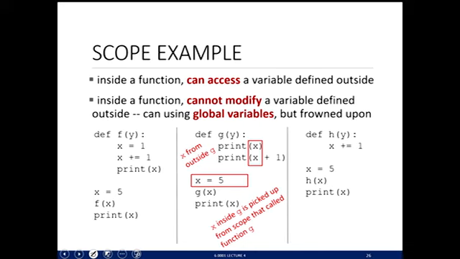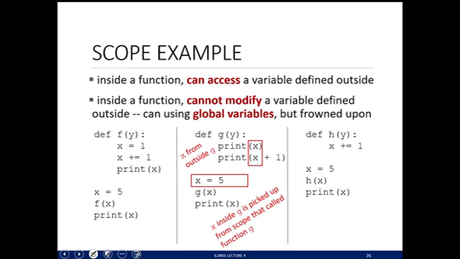This one's a little bit trickier. I define this function g. And all g does is access a variable x. But notice inside g, I've never actually declared or initialized a variable x, right? In this f, I said x is equal to 1. But in here, I'm just sort of using x.